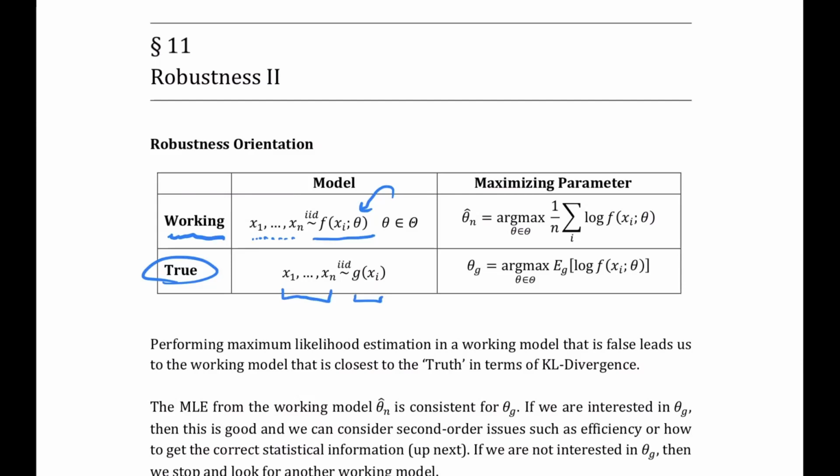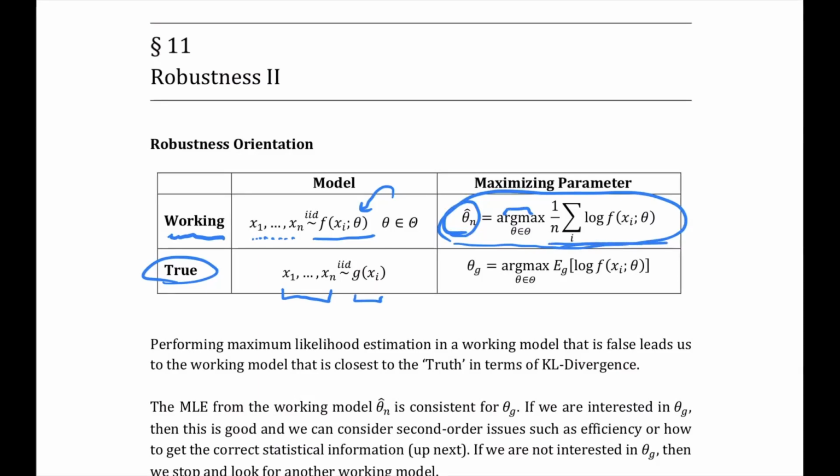And what we learned in the last section was that by maximizing the log likelihood and using that to select our parameter, so that's this piece here, right? This says, okay, my MLE is going to be the parameter that maximizes the log likelihood.